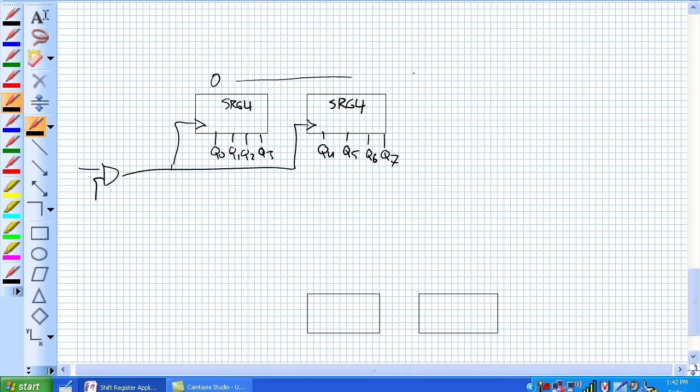And every clock pulse, that thing is shifting. And remember, it's a ring, so it's going back to the D input there. So as each clock pulse goes by, the 0 moves from Q0 to Q1 to Q2 to Q3, and so on and so forth.